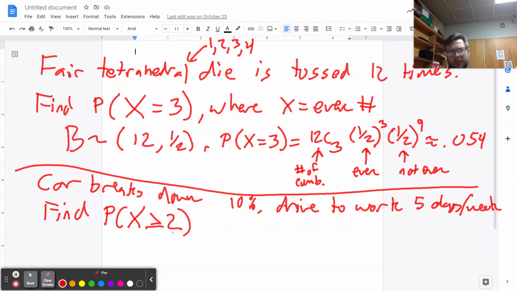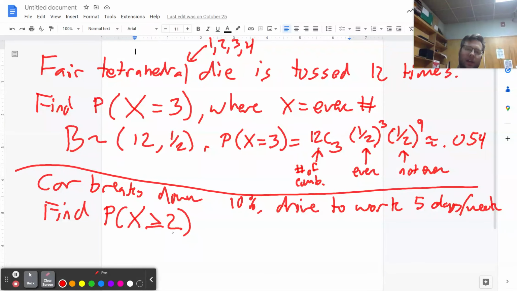So there's 2 ways you could do this. You could find the probability that it breaks down twice, 3 times, 4 times, and 5 times. Or you can realize that's the same as the complement of it breaking down not at all or once. A lot of times when you're doing these problems, there's a way to calculate directly the probability you're asked about, or calculate the complement of it.